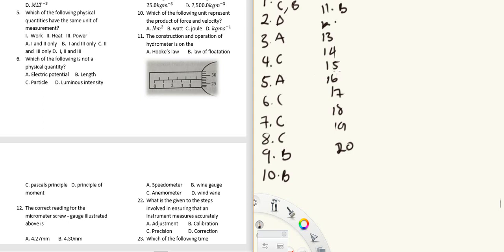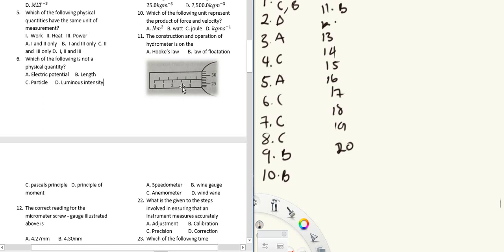Good. So now let's go to question 12. In question 12, we have been given this instrument, a micrometer screw gauge, and the reading is here. They want us to know, if you have something like this, how do you read it? I've taught you how to do it. A micrometer screw gauge has a main scale, and the main scale has two scales, the upper scale and the lower scale.